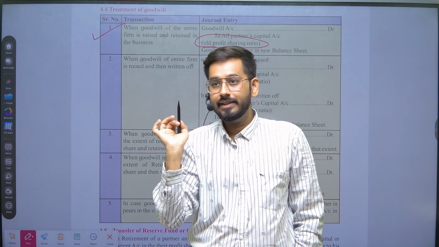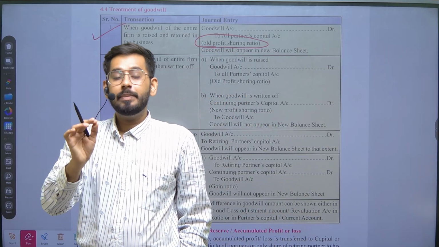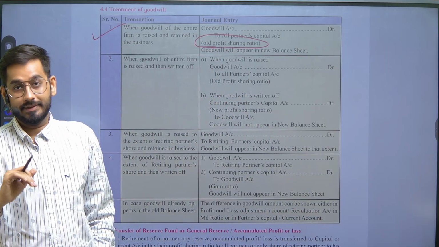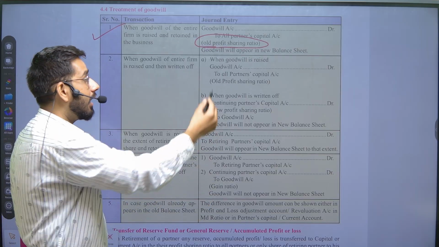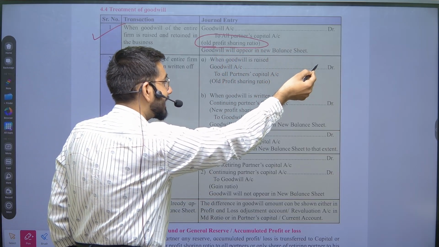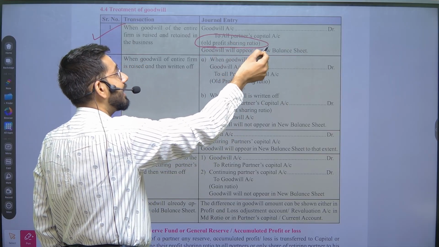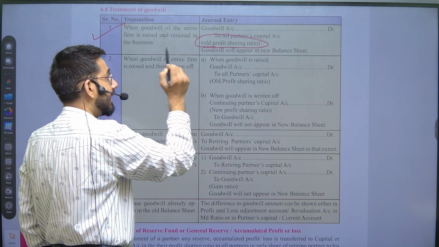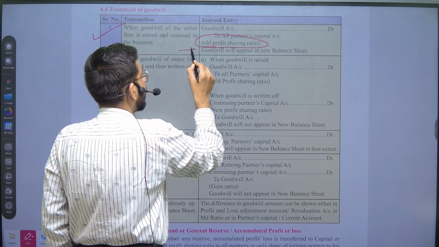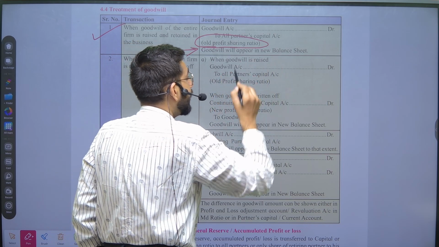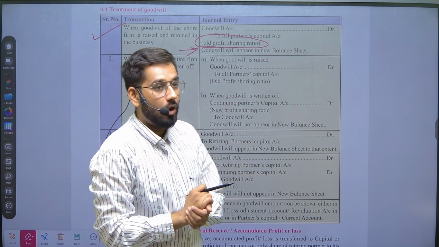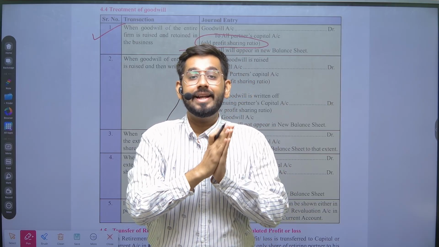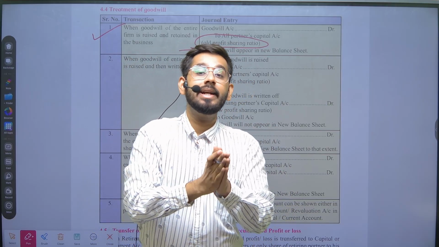Because in this case, goodwill will be shared by all partners. It means the posting will be goodwill account debit to all partners capital account and all partners capital account credit to goodwill account. There is an important note too. Goodwill will appear in the new balance sheet because we raised goodwill and retained it in the business.